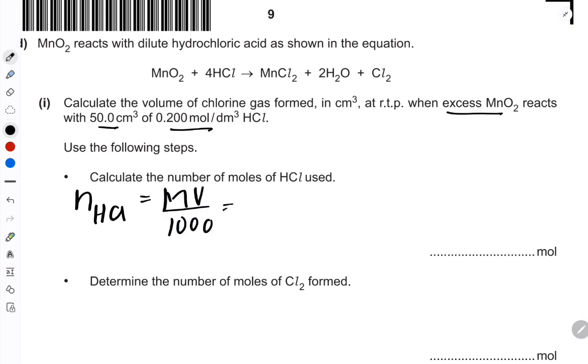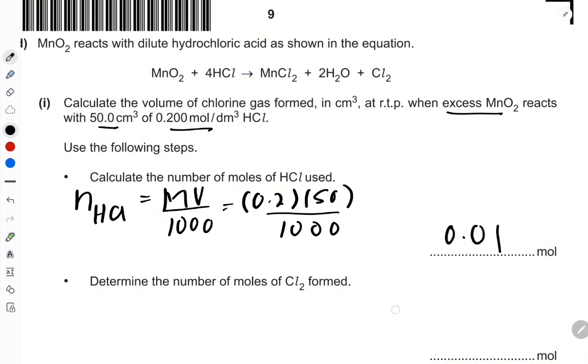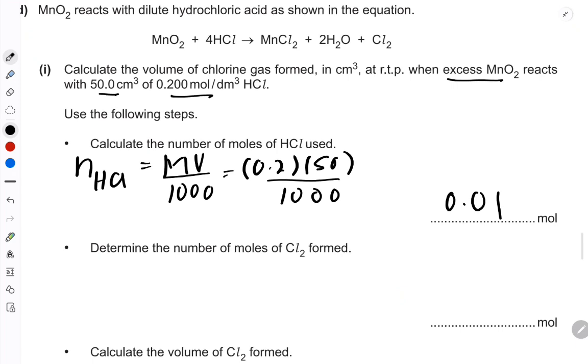What is our molarity? 0.2. What is my volume? 50 divided by 1000, right? So that should give us 0.01, correct?